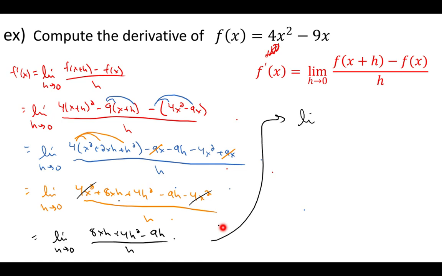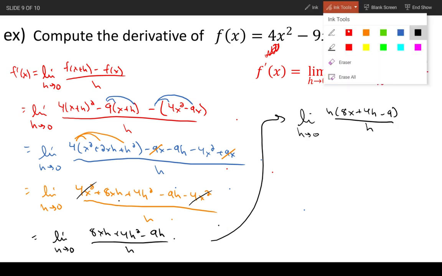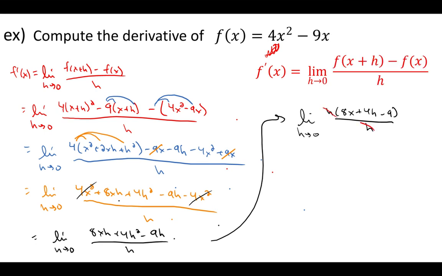So limit as h goes to 0. Pull out the h, we're left with 8x plus 4h minus 9 over h. Cancel out our h's. Then we're left with the limit as h goes to 0 of 8x plus 4h minus 9.